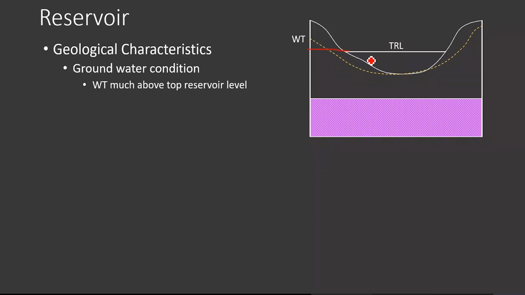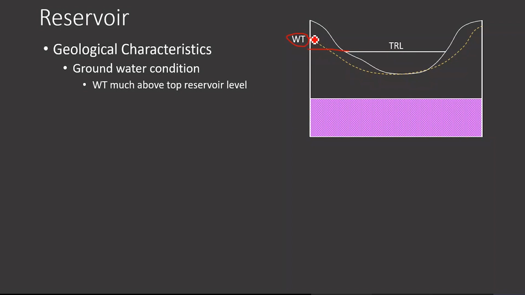So how much level we are going to store the water. The upper level that we show is the water table, and the top reservoir level, TRL, is comparatively lower than the height of the water table. So the top reservoir level is below the height of the water table.